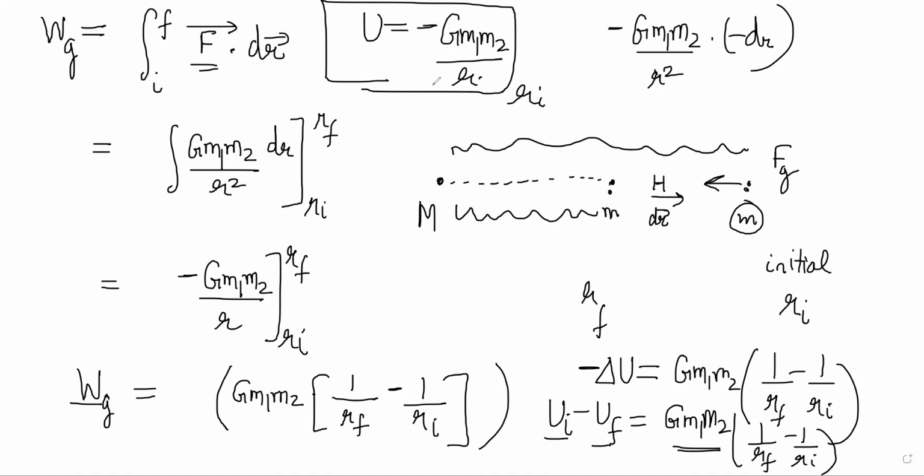Correct. So this is the definition of your potential energy between two point masses which are separated by a distance r. There is a minus sign here, which suggests another thing. U is coming out to be minus G m1 m2 by r.